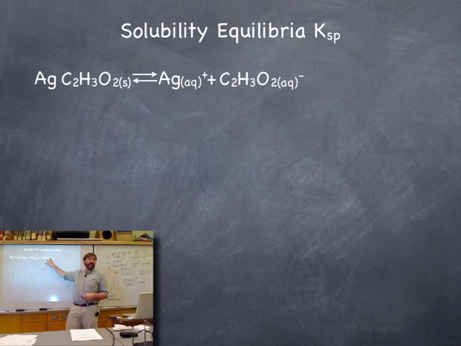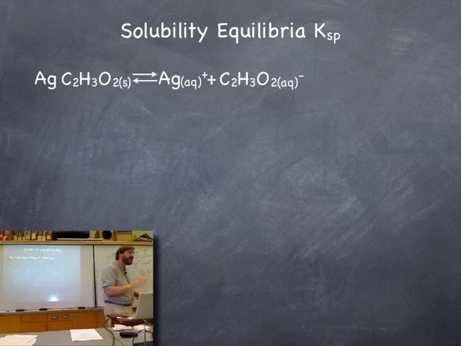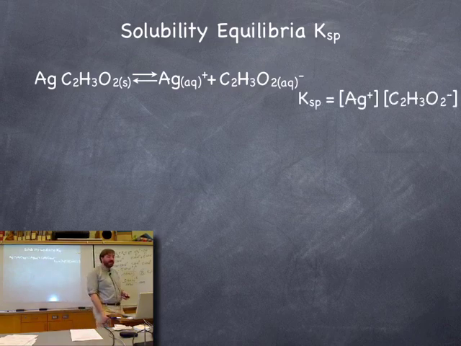We always write the Ksp the same way, regardless of what reaction we're actually doing. Just like when we're dealing with Ka and Kb. A Ka is always an acid breaking apart. Solubility is always a solid breaking apart. So the Ksp, the solubility product for this reaction, the expression would be the concentration of the silver ions times the concentration of the acetate ions.